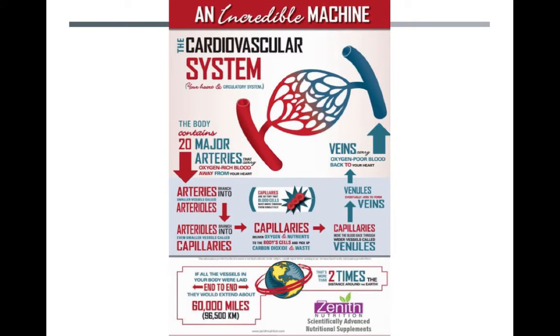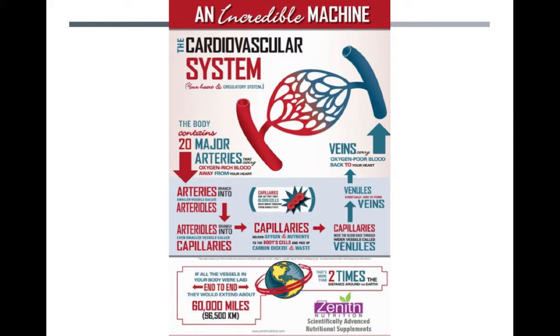So just a few little facts about the cardiovascular system, which is made up of veins, arteries and capillaries, and what pump blood around our body. The body contains 20 major arteries.